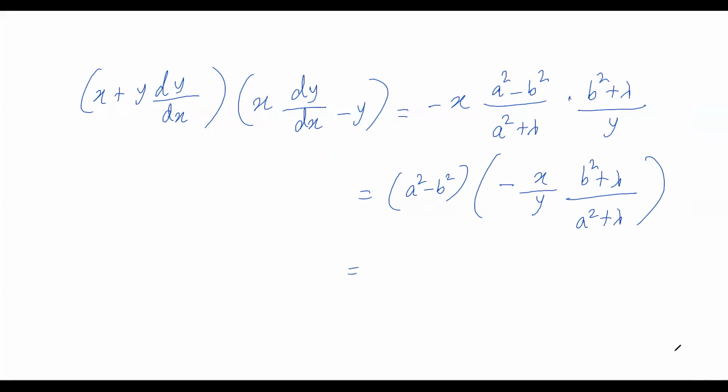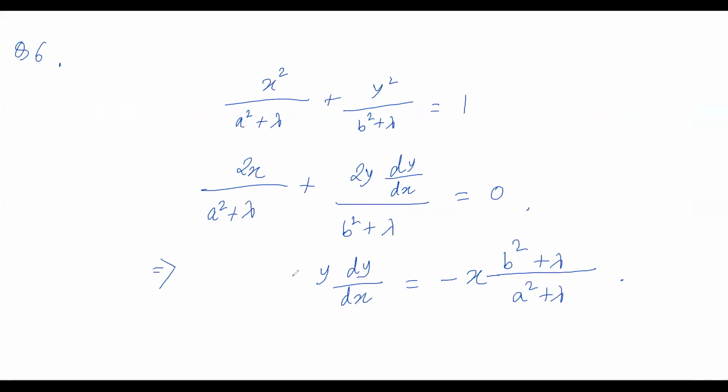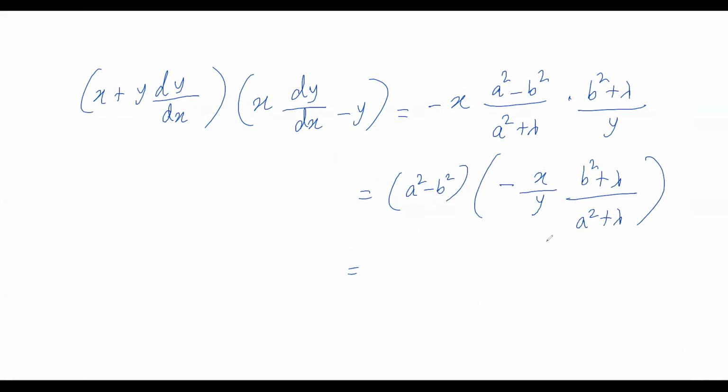And now if you go back and see what we had as dy over dx, taking y to that side, this value is equal to dy by dx. And so this is dy by dx times a squared minus b squared. And thus we are done with problem 6.